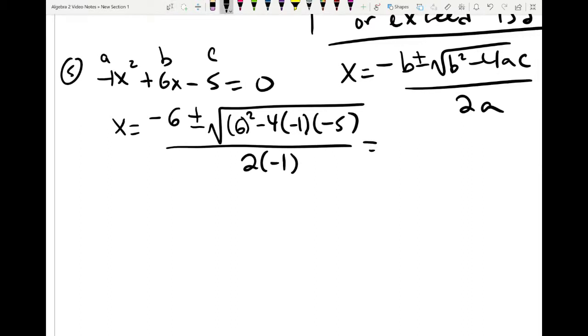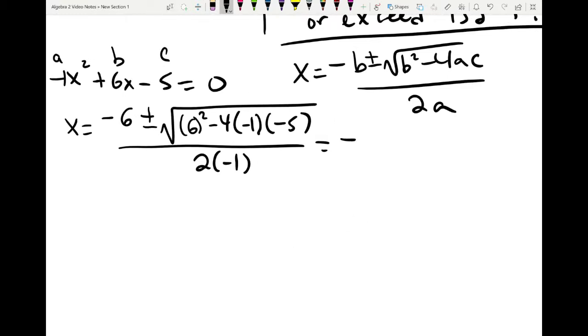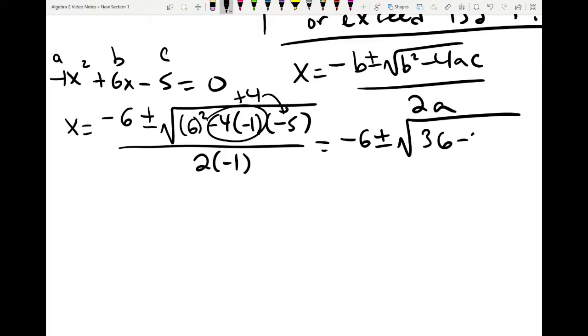And the rest is just calculating this. So then you're going to calculate this inside the radical first. So 6 squared is 36. 4 times, so we got negative 4 times negative 1 is positive 4. And then positive 4 times negative 5 is negative 20. And then 2 times negative 1 is negative 2.